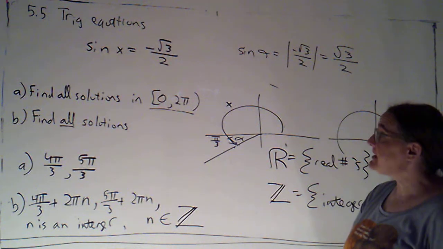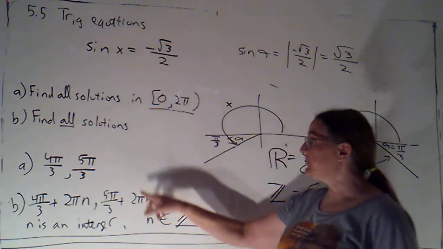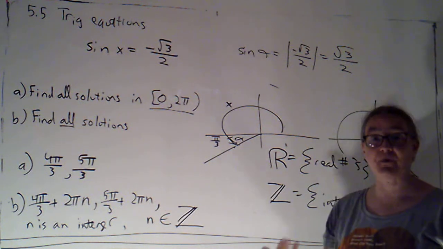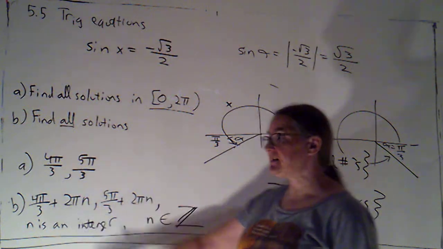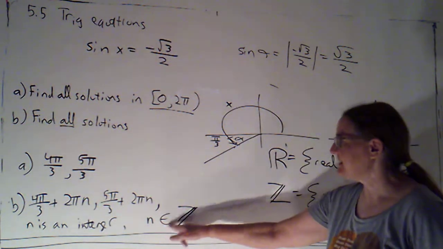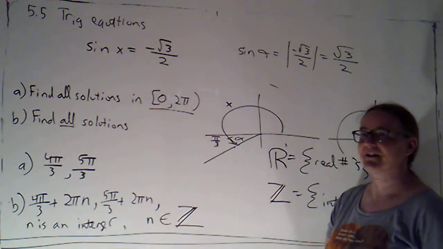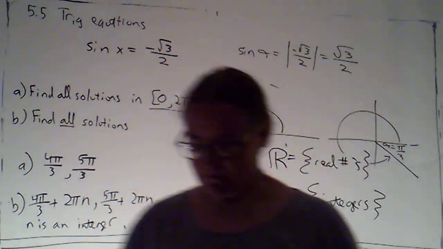But anytime you're finding all solutions, you will need to introduce a variable that's representing an arbitrary integer, so you'll either need to write out n is an integer, or n is an element of the set of integers, as I've done here.